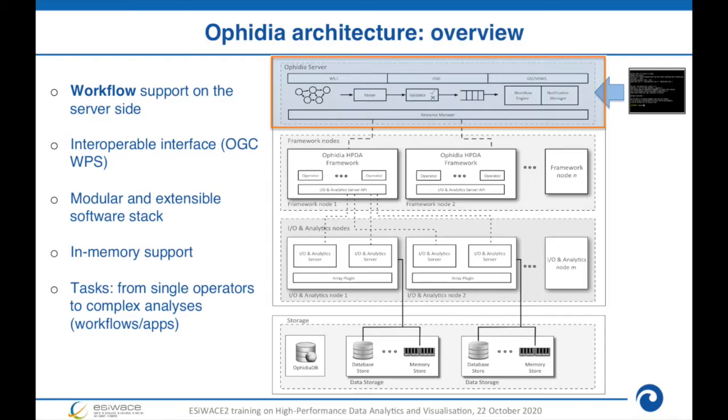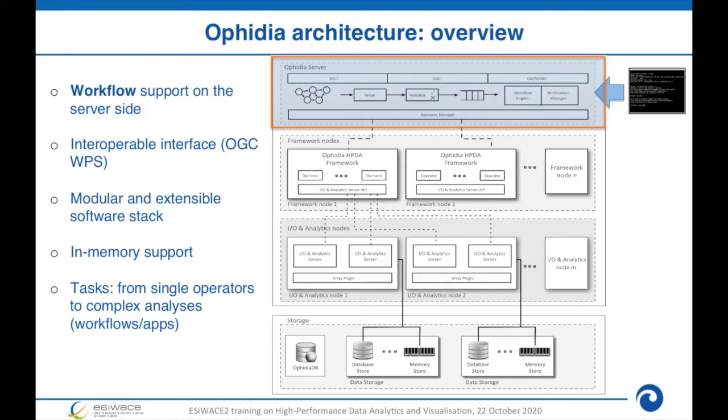Today we'll mainly focus on this first layer, which is the Ophidia Server, the front end of the system. It exposes multiple interfaces for client-server interaction, and this also allows for improved interoperability. So, for example, we can exploit a web service based on SOAP over HTTP, or also an OGC WPS compliant interface.